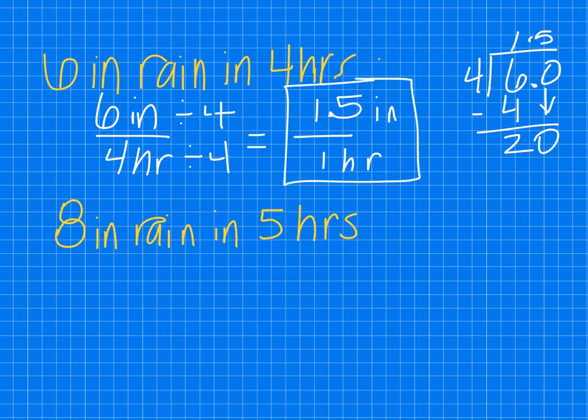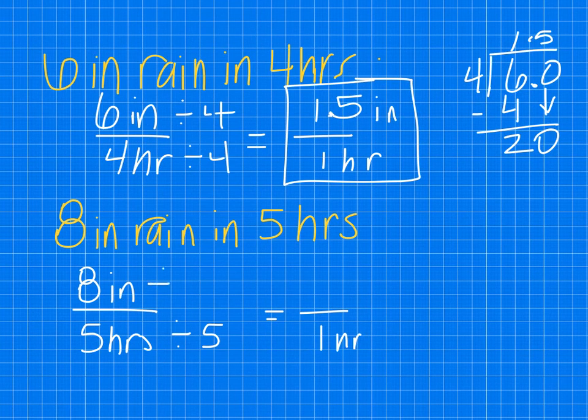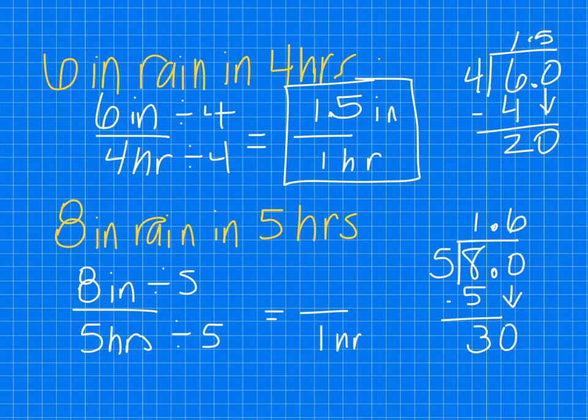What about February? Here I have 8 inches in 5 hours. So I'm going to divide by 5 because I want a 1 in the denominator for hours. And here I'll divide by 5. That's going to be 8 divided by 5. It goes in 1 time. Subtract 5 gives me 3. I need more numbers, so I'm going to make a 0 with my decimal, bring up my decimal, bring down my 0. 5 goes into 30 6 times.